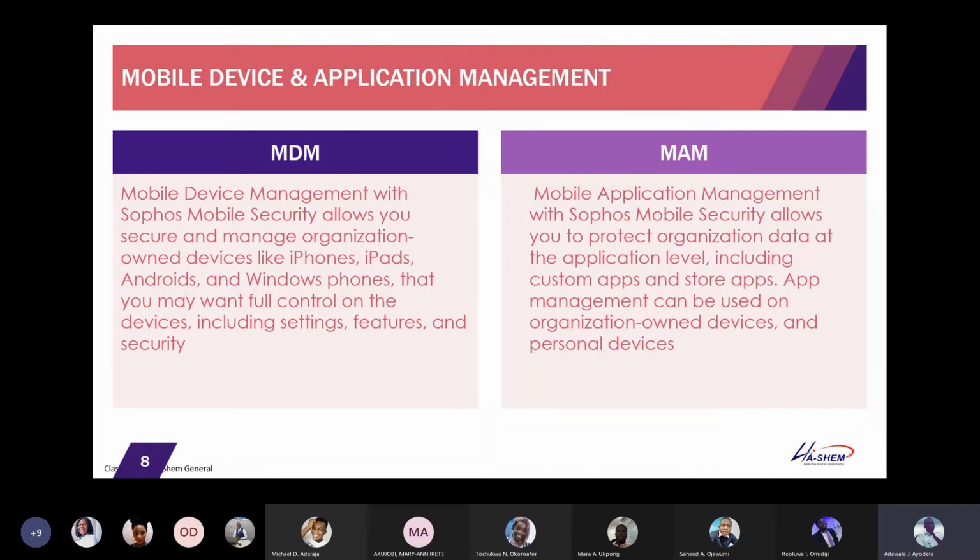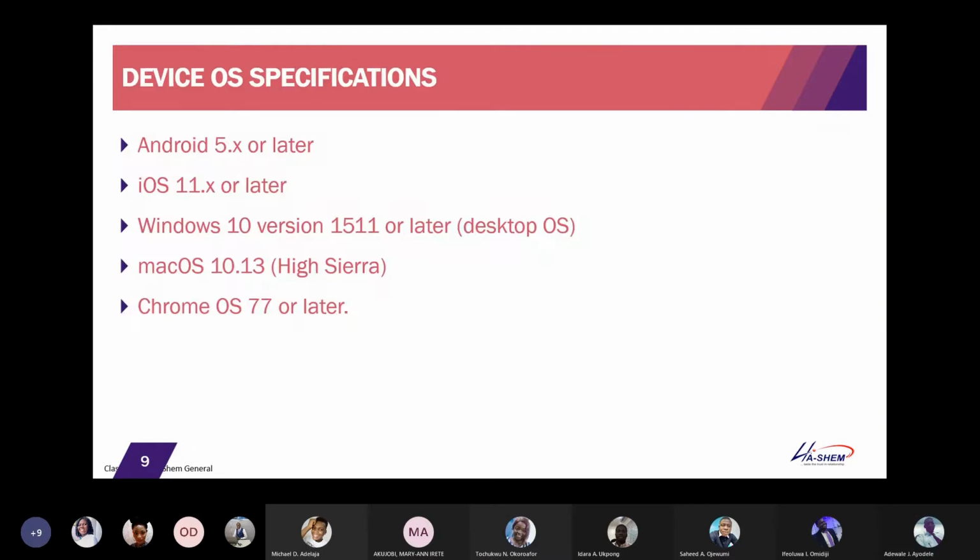While you are doing that, you are not intruding into the user's privacy, because this can cause an issue in the environment, where a user can raise an issue that his information is being leaked. But Sophos has made sure this solution has been perfected, so that the information of this user remains private while company resources are being protected. That's how it works.